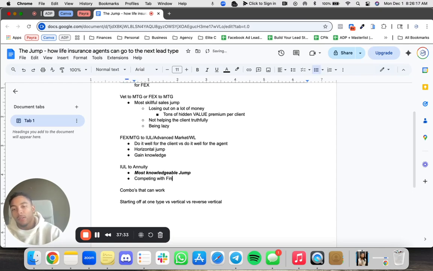with financial advisors. And for those who do not know, financial advisors and life insurance agents don't really love each other. Very different ways of looking at the world in regards to finances and money. Not extremely different, but different. Not to say one is right or wrong, and I'm not even being biased.